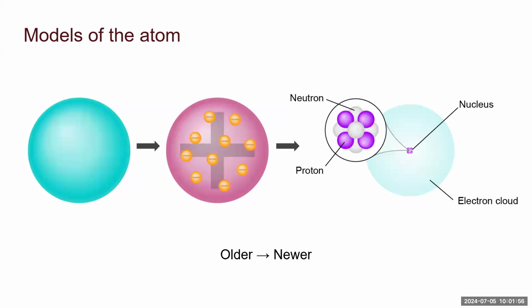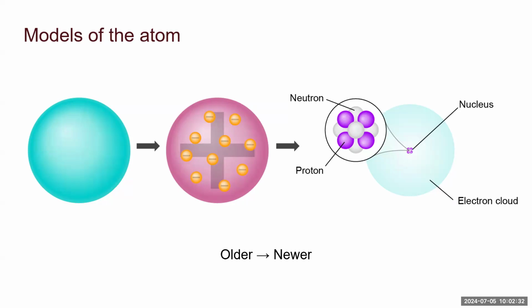Then the model in the middle was proposed in the mid-1800s. The idea of this model was that there are both positively charged and negatively charged components of an atom, and that they were randomly distributed, making this mass together. This was referred to as the plum pudding model of an atom.